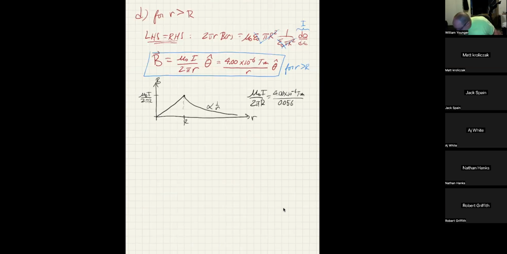I think that was what the radius was. And that gives me 7.09 times 10 to the negative 5 Tesla. So that's the maximum magnetic field that we actually get as a result of this.